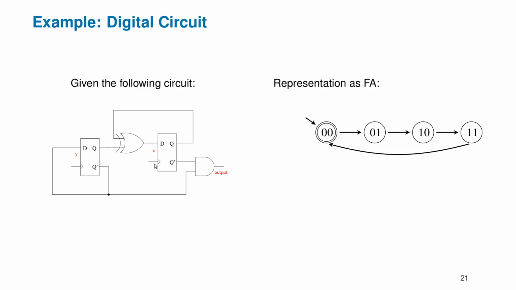How they internally work does not matter. What is important is that they have the same clock, and when there is an input at a certain point in time, then at the next time point we have at the Q the respective output. So for example, if we have a 0 in at time point t, then at time point t plus 1 we also have a 0 here.